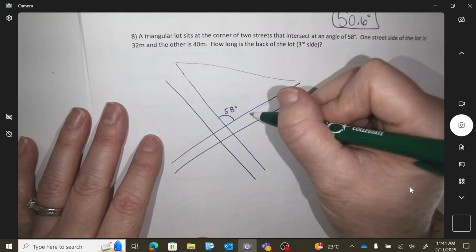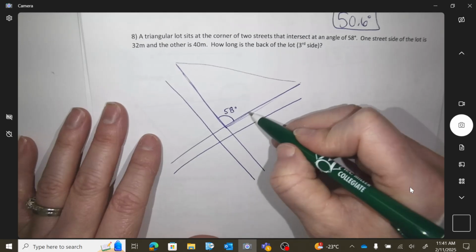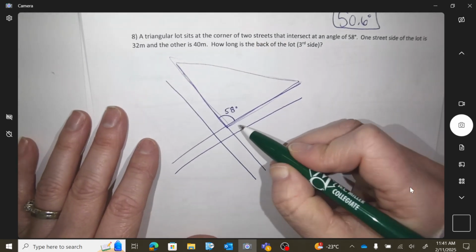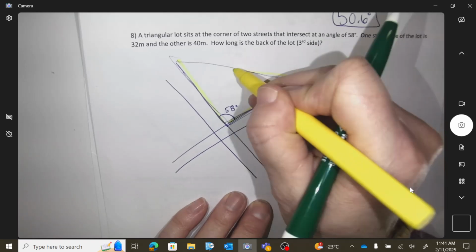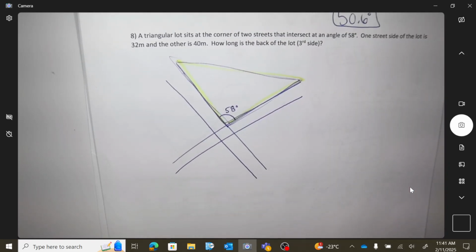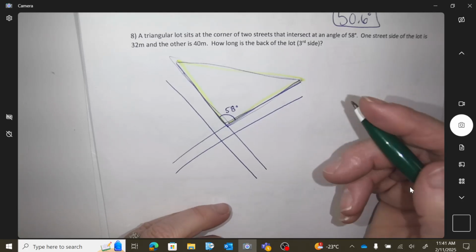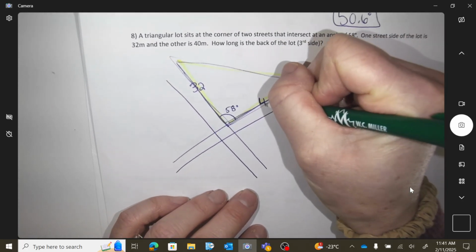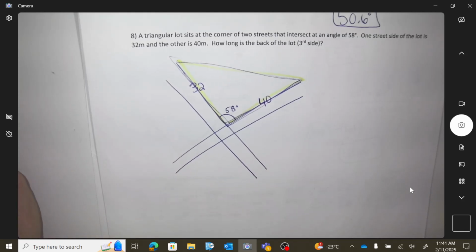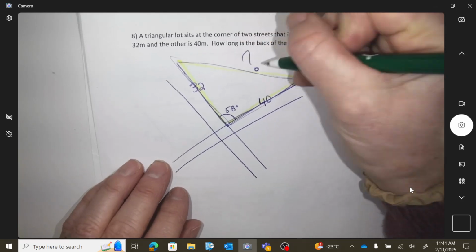So I'm going to do this. So this is a person's yard with their house. One street side is 32, and the other side of the street is 40 along the lot. How long is the back side of this lot?